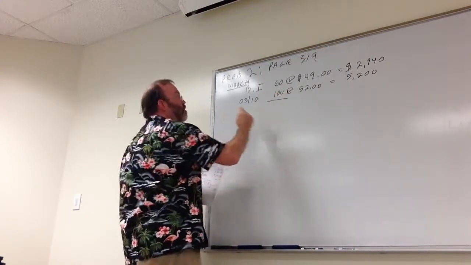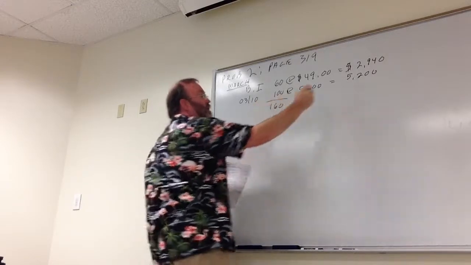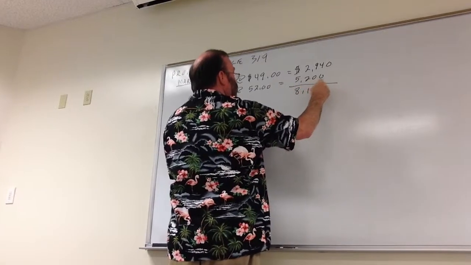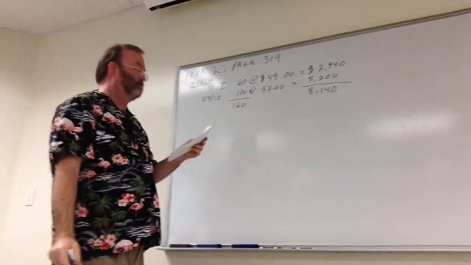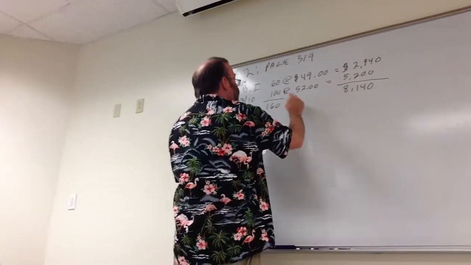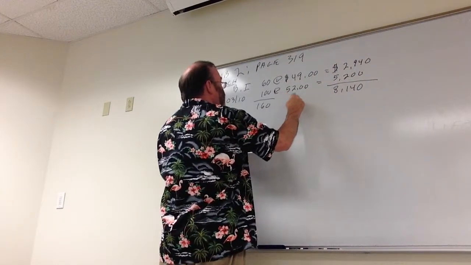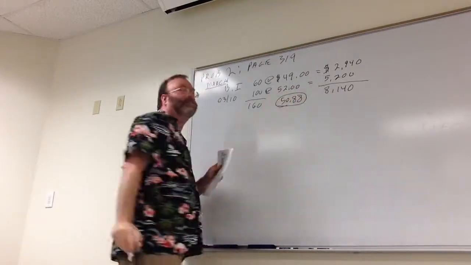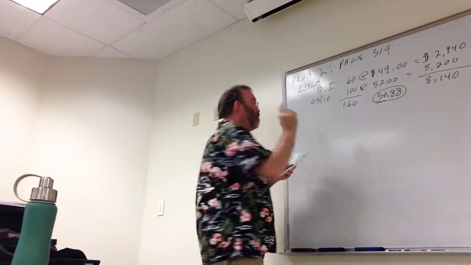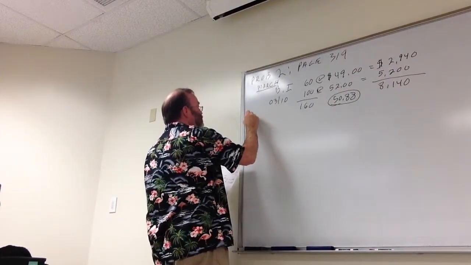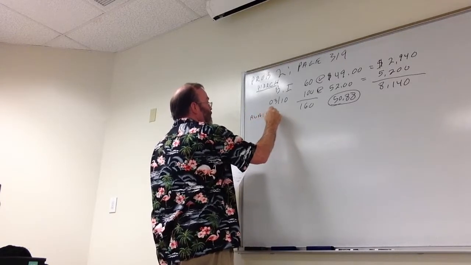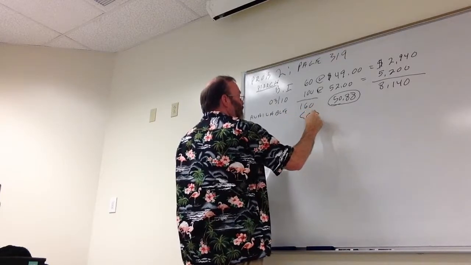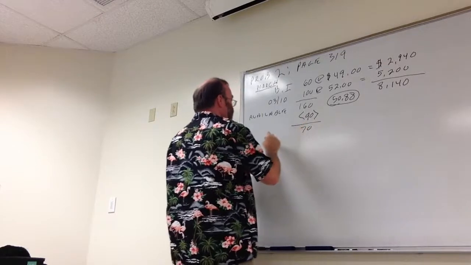Okay? So we have 160 units that cost us a total of 8,140. That's an average of $50.88 per unit. Throughout, this is available for sale. We sold 90, leaving us with 70 in ending inventory.